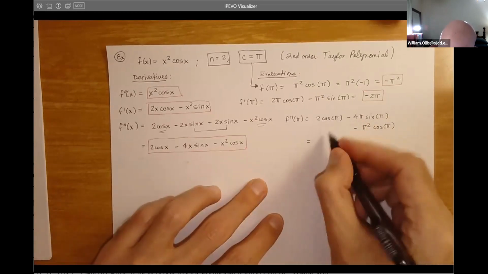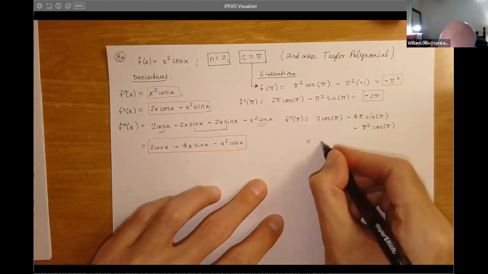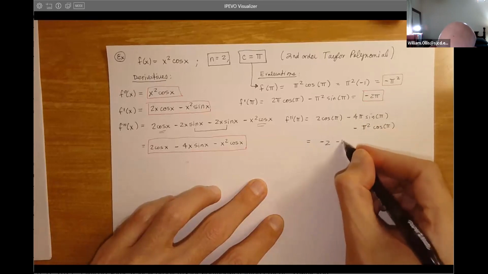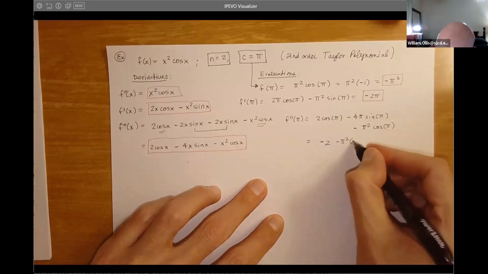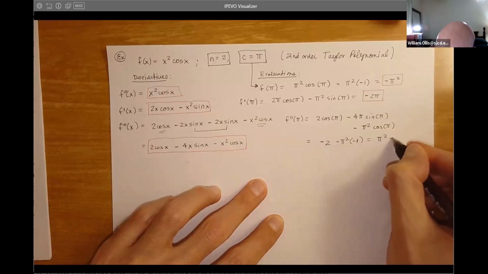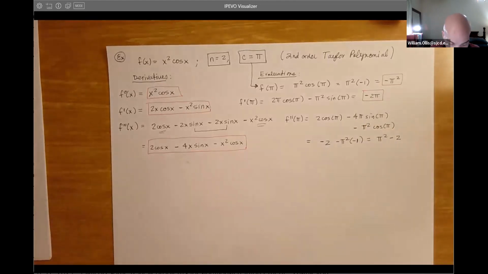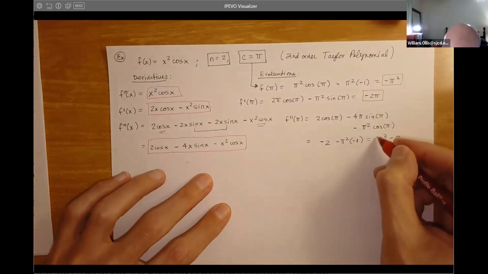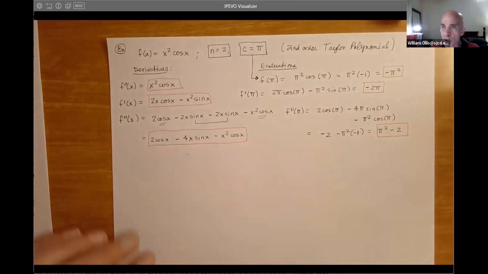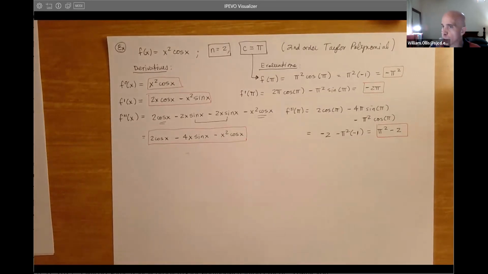So of course we have 2 times a -1, so that's a -2. And then of course we have a minus pi squared times a -1. So this gives us pi squared minus 2, if we just write the positive term first. So again, this is very rudimentary, but again, new.